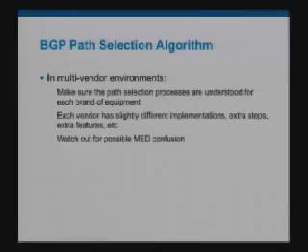And as I was saying at the start, in multi-vendor environments, please make sure that the path selection process is at least synchronized. So flick any switches, knobs, whatever you want to call them, on your different implementations to get them to do the same thing. Otherwise, you can end up with some really weird things going on within your network. Also, watch out for the MED confusion thing as well.